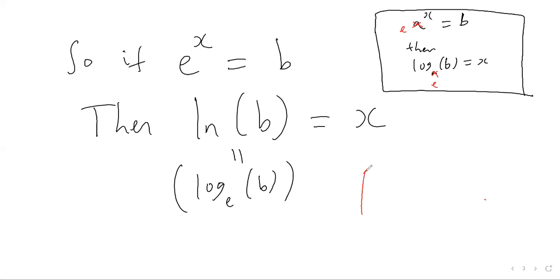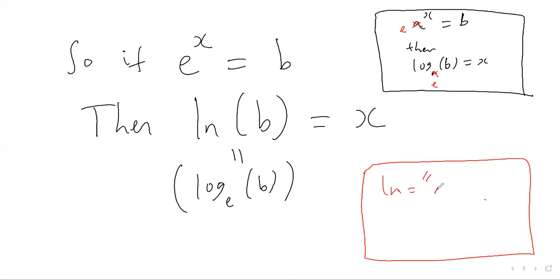Another point I'll say is that this ln is also called the natural logarithm. So that's why you've got the L next to the N there. That's where the N comes from.